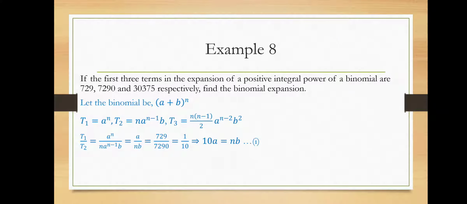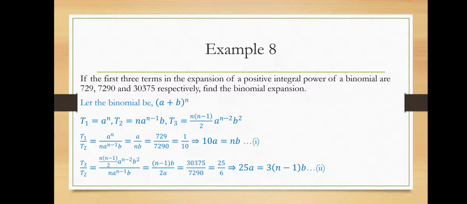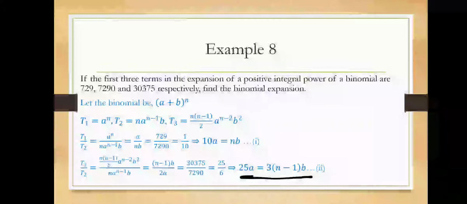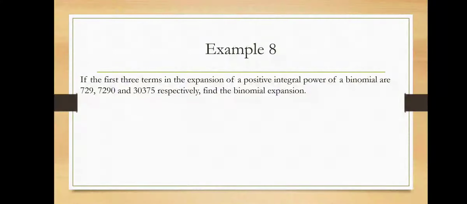Then I have done another similar one, where I have taken the ratio between T3 and T2, and that gives me another relation. This is relation number 2. Now we are going to do some replacement, dividing the first one by the second one.